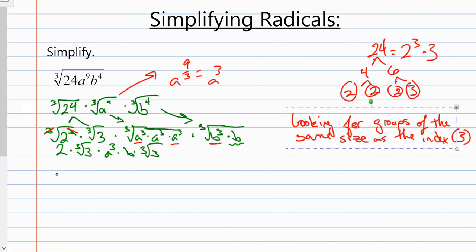So I'm going to have my 2, and then my a cubed, and my b all outside the radical. And then with my index of 3, I'm going to write my 3, and then the b and the 3 are just multiplied by each other inside the radical. So you can just write them next to each other. And this would be the final simplified form for this problem.